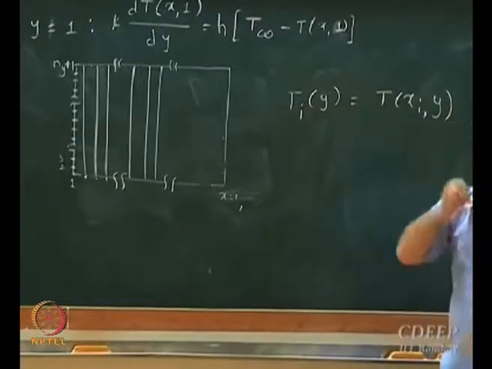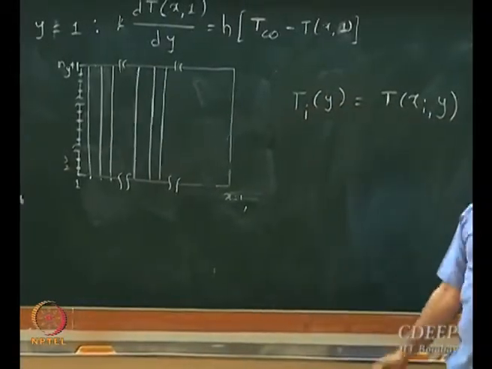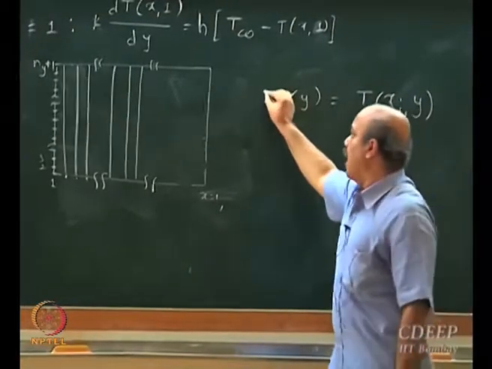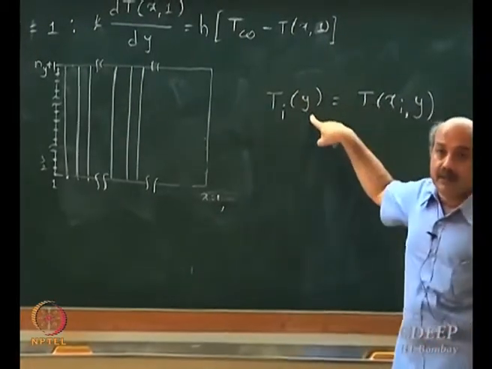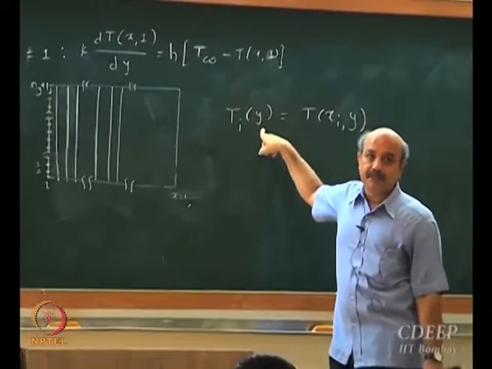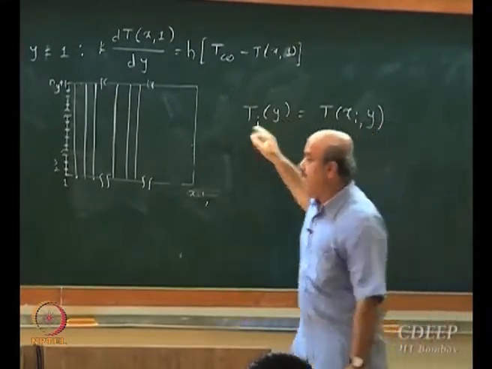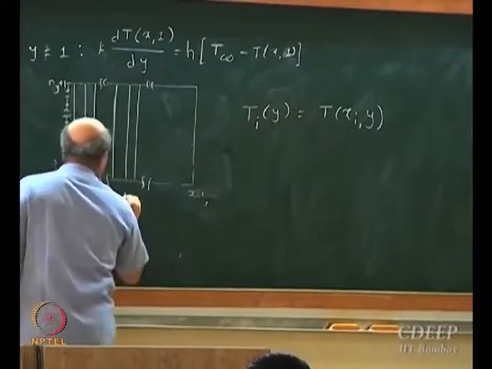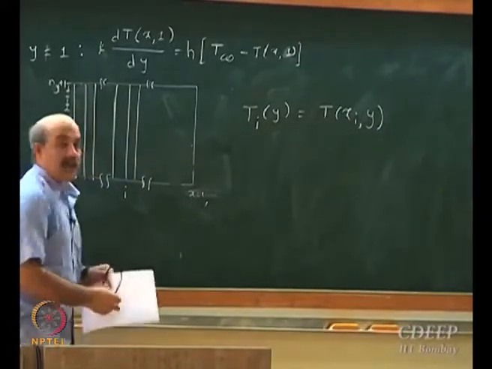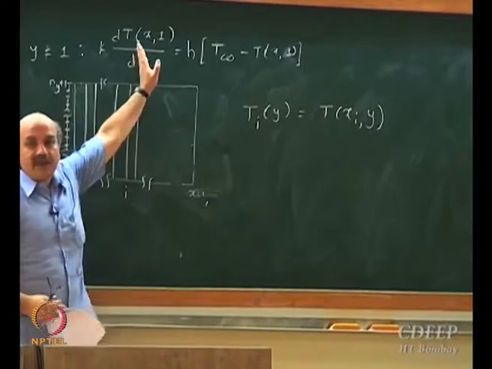Now this is my notation. Okay, my notation is T_i(y). T_i(y) is the variation of temperature along the y direction along the ith line parallel to the y axis.